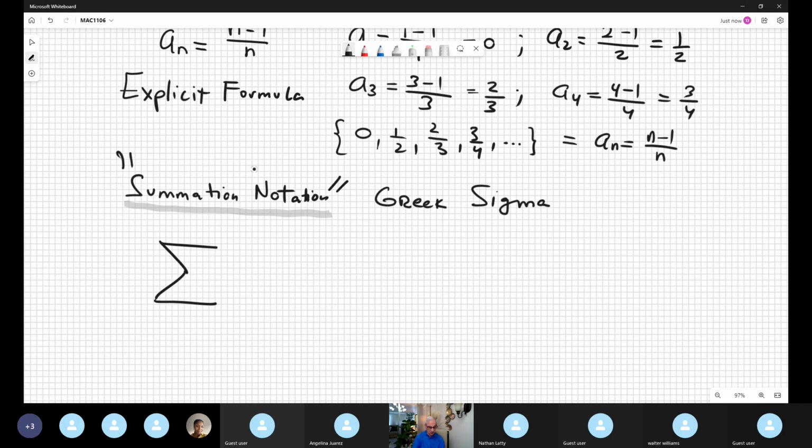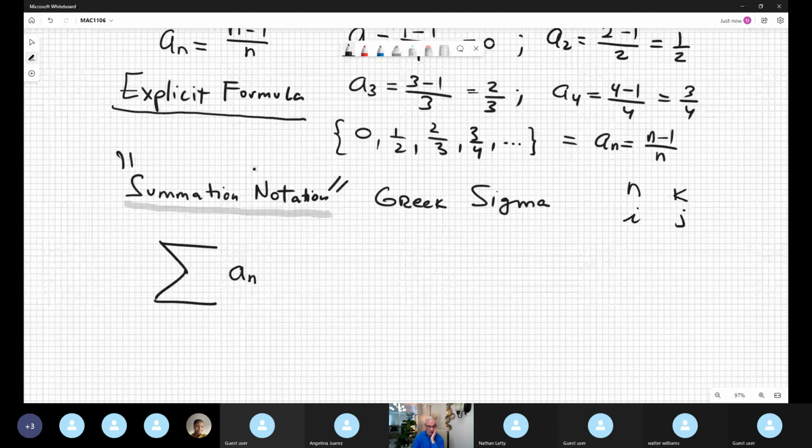Inside the summation notation, you copy the explicit formula of the sequence. You want to add A sub n. The different letters we use in mathematics are k, i, or j. This is the typical letter we use for the summation notation, but n is okay too.